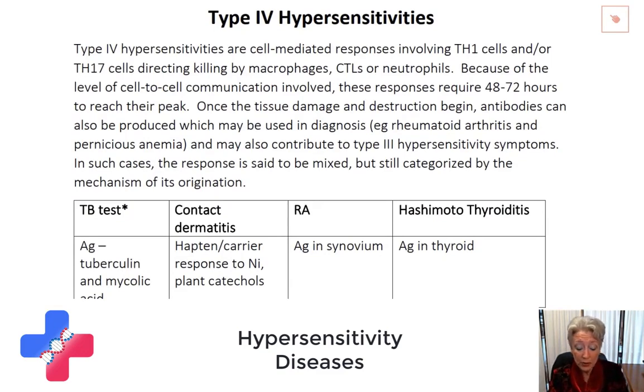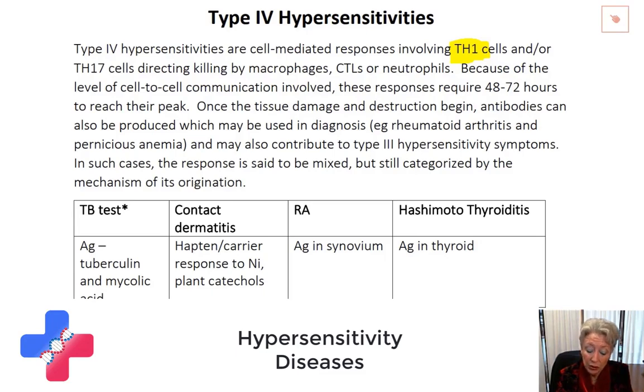The type 4 hypersensitivities are the only ones that are mediated on the cell-mediated arm of the nirvana diagram. So they are a problem with the APC1, TH1, and cytotoxic loop.